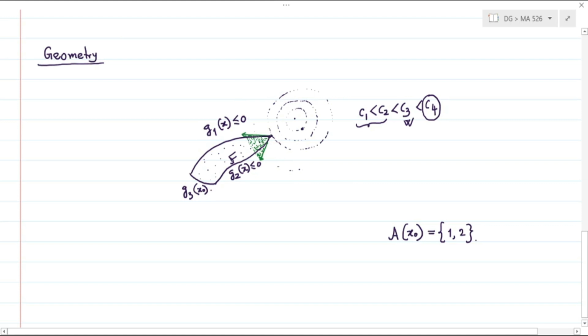Dual cone obviously will be given by: you find the extreme directions of the tangent cone, then you take the perpendicular to the extreme directions, which we have learned during the discussion of the dual cone. Now let me draw a perpendicular to the lower boundary of the tangent cone, and you will get a perpendicular as this one.